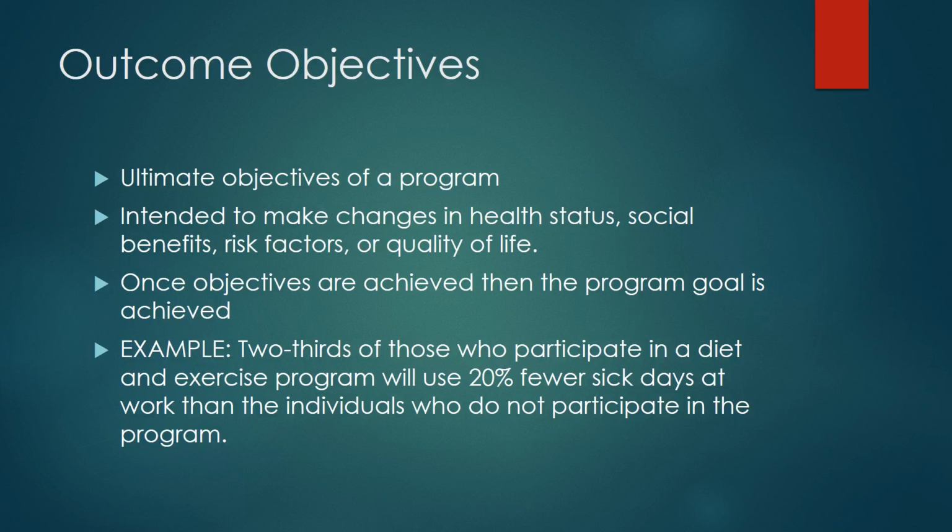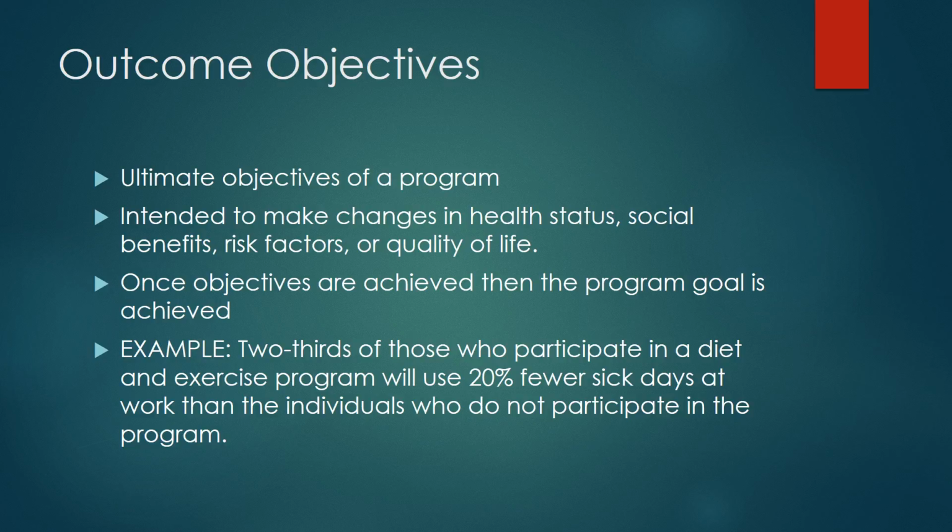Moving on, outcome objectives are the ultimate objectives of a program that are directed to make changes in health status, social benefits, risk factors, or quality of life. Since program goals are typically broken down into several objectives, once the outcome objectives are accomplished, then the overall program goal will be accomplished as well.